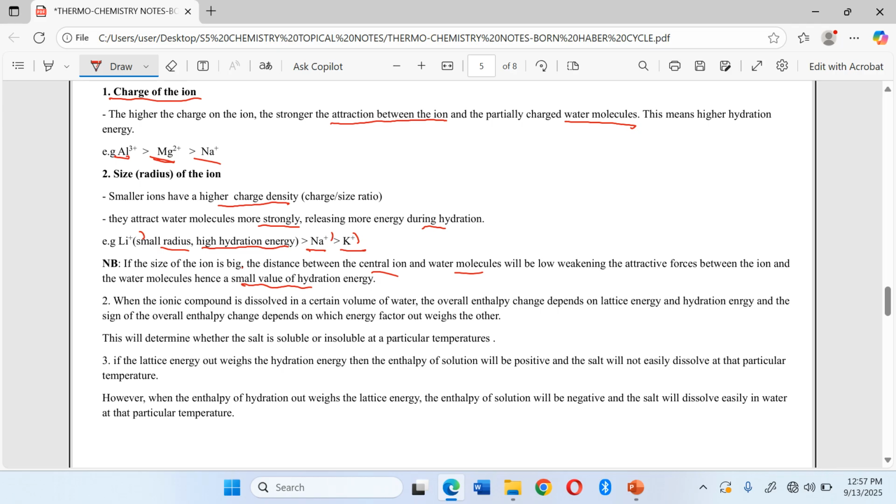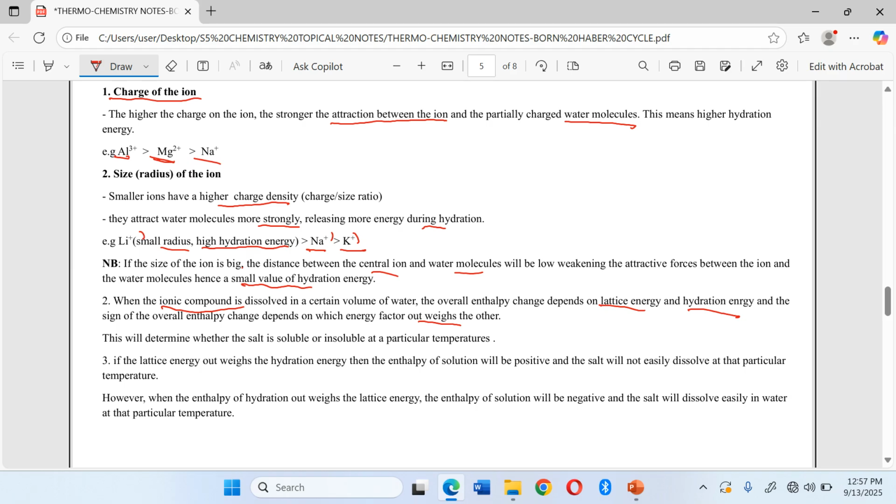Number 2: when the ionic compound is dissolved in a certain volume of water, the overall enthalpy change depends on the lattice and hydration energy. And the sign of the overall enthalpy change depends on which energy factor outweighs the other. Which one is higher than the other?